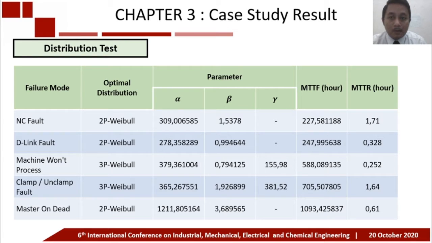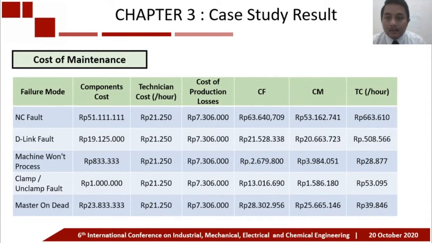And from these parameter values, we can calculate the reliability for each time parameter using Excel software. Here is the estimated cost of maintenance. CF is the cost incurred if maintenance is carried out before a failure, and CM is the cost incurred if maintenance is carried out after a failure occurred.